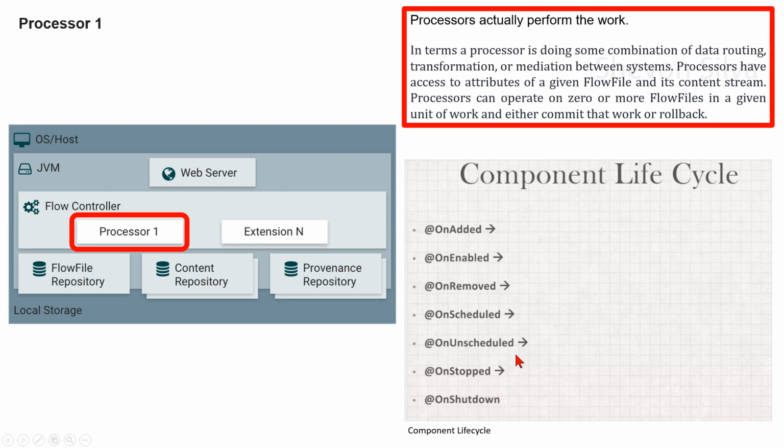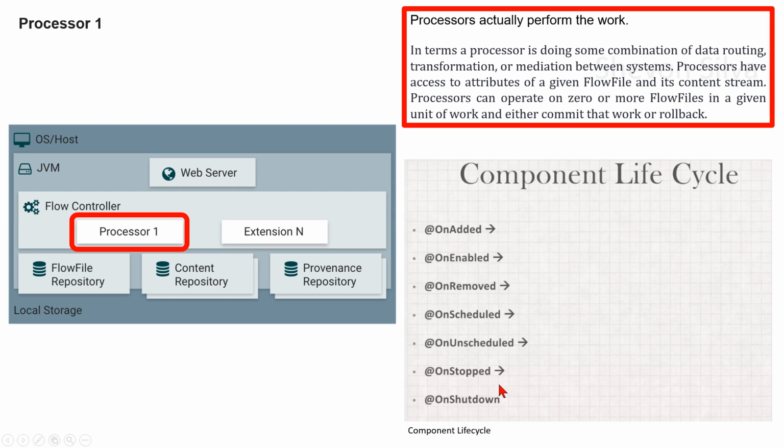A method with this annotation may take 0 arguments or may take a single argument. If the single argument variation is used, the argument must be of type ProcessContext if the component is a processor, or ConfigurationContext if the component is a reporting task.